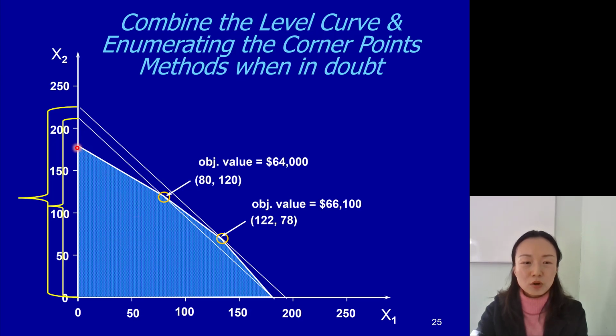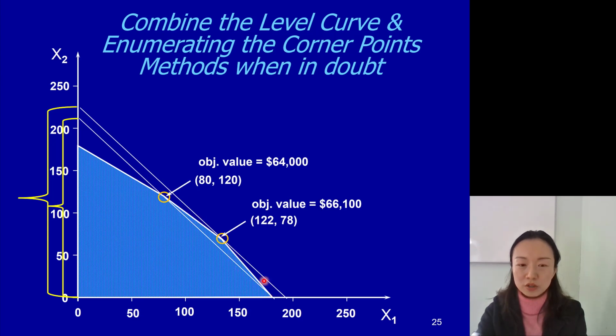Usually, there are some corner points, for example this one, that are more obviously not the optimal solution points, but it's only these three points that are really close in terms of the slope of the level curve and the constraints that define that edge of the feasible region.